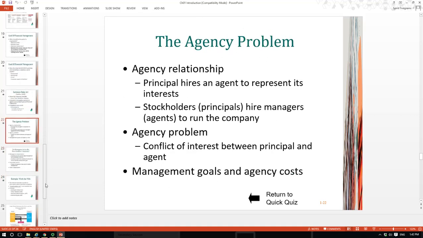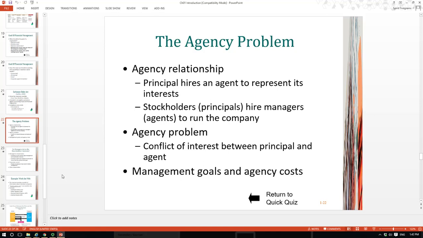Now, let's move to the fourth issue for the first chapter, which is associated with the agency problem. Right? So when you take a look at the structure of a corporation, you know that the shareholders are not running the business directly. Instead, they elect a board of directors, and the board of directors actually picks CEOs and CFOs to manage the company on a daily basis.